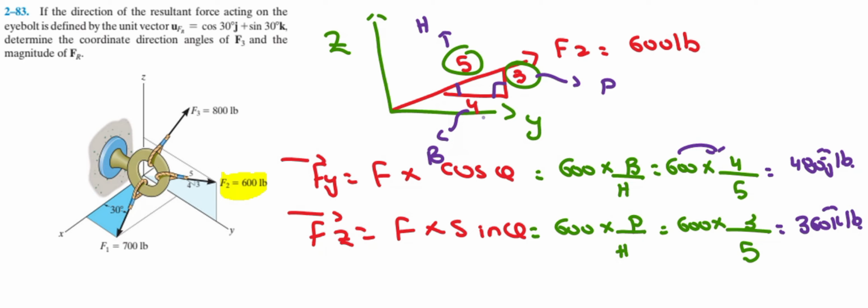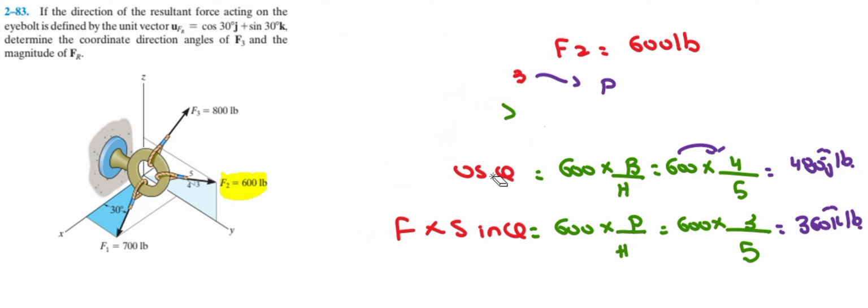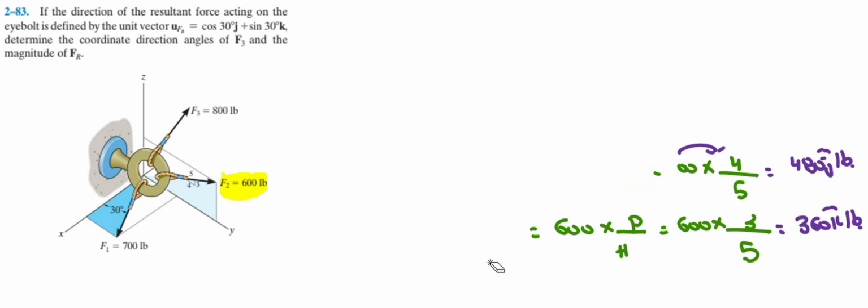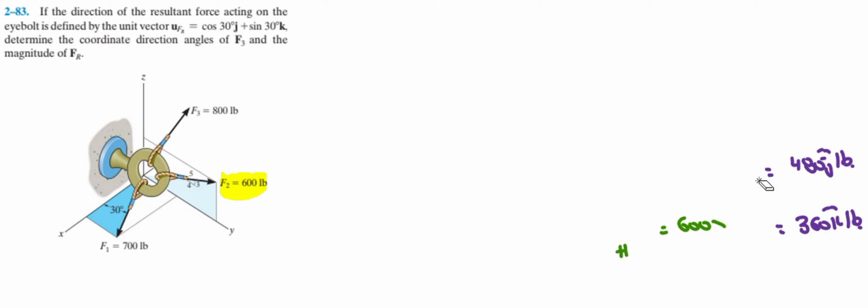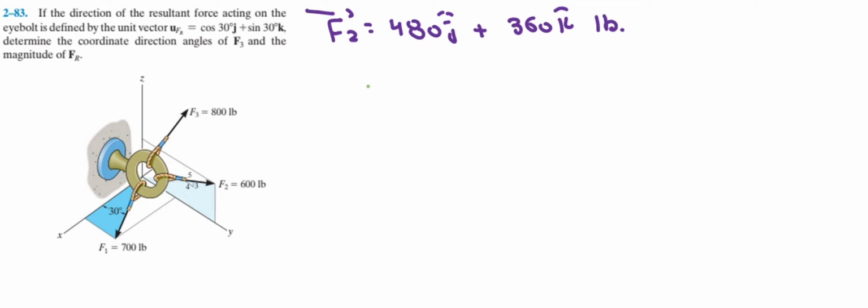Now what about the resolution of F1 vector? Let's talk about the resolution of F1 vector, which has the magnitude of 700 pound. This is the x component of 700 pound, and this is the y component of 700 pound, and they both become positive.